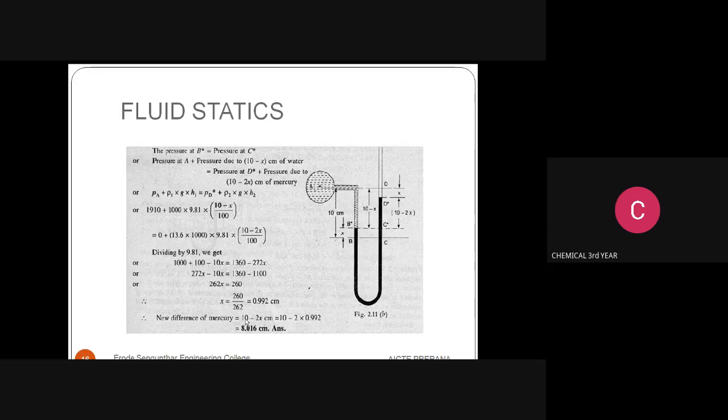We have also seen U-tube manometer related problems: how to calculate the absolute pressure when the atmospheric pressure and gauge pressure are given, how to estimate the height of the liquid when density and pressure are given, and how to determine the pressure intensity if the density and height are given. Likewise, we have seen problems related to U-tube manometer for pressure measurement. I hope you all have understood all the problems that we have discussed in today's class.